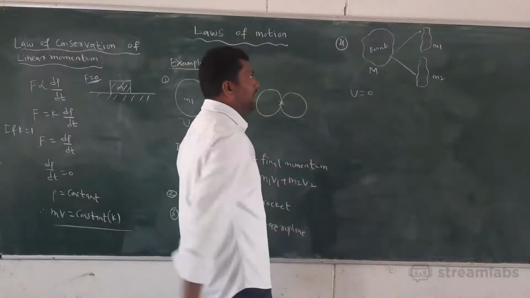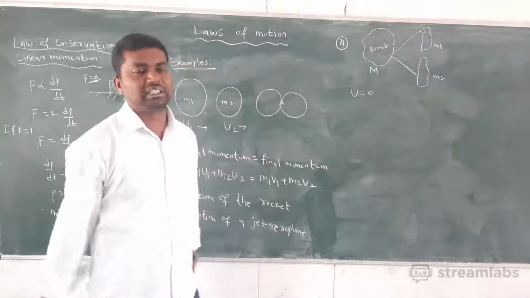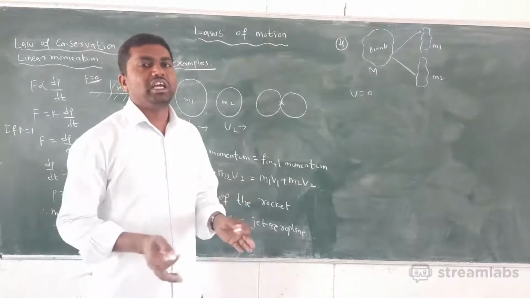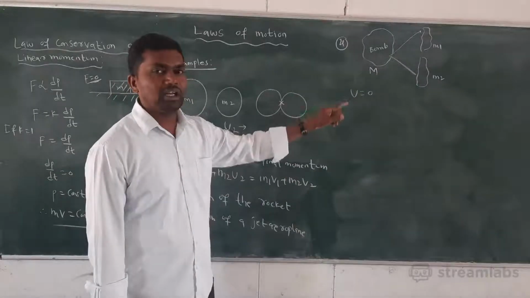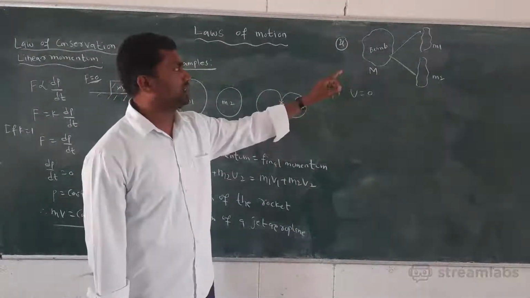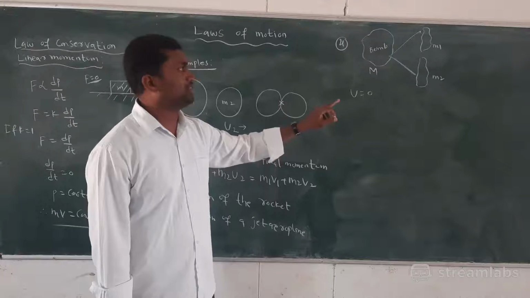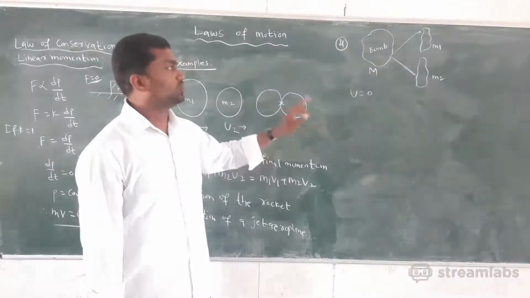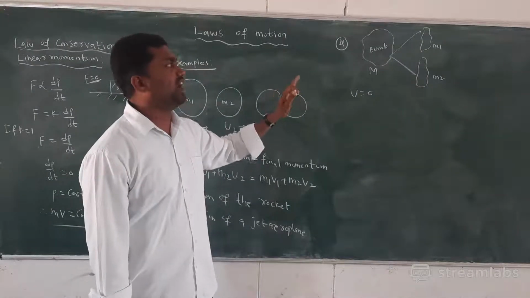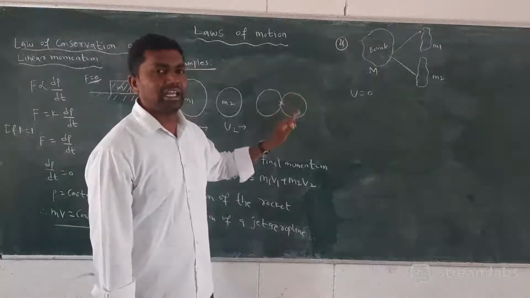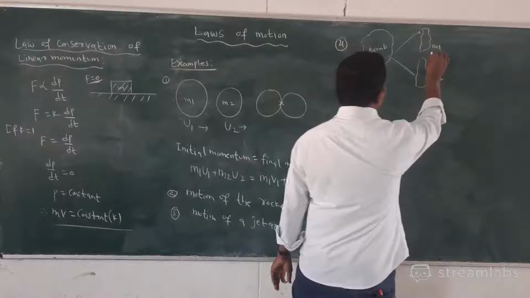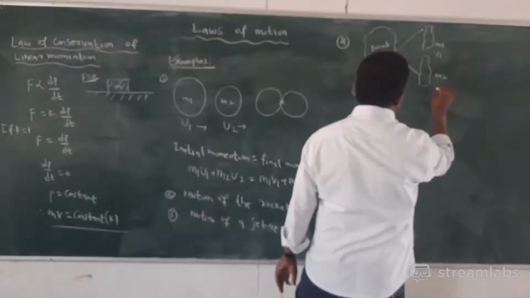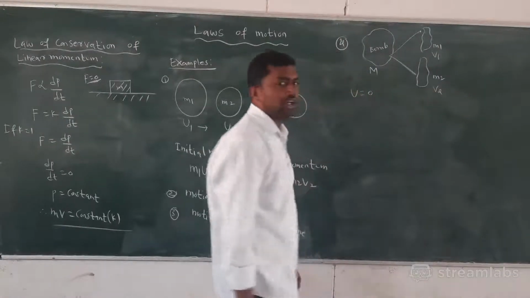Next, when the bomb explodes and splits into two particles, the first piece has mass m1 and the second piece has mass m2. The velocity of m1 will be v1 and the velocity of m2 will be v2.